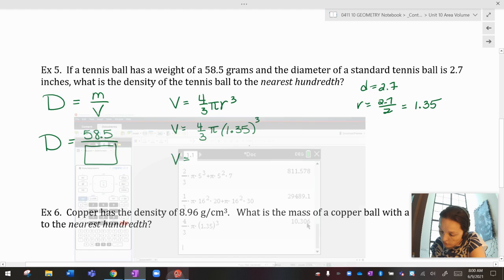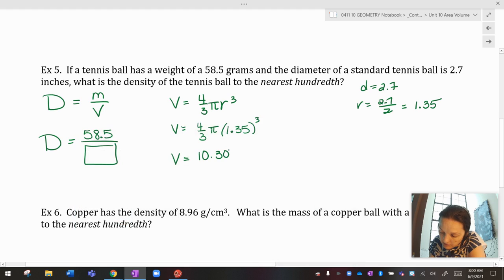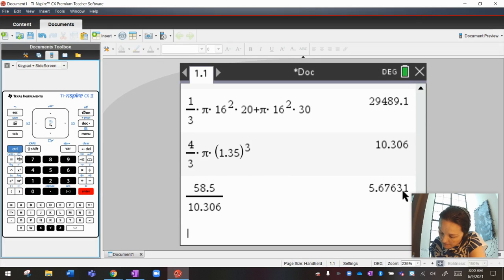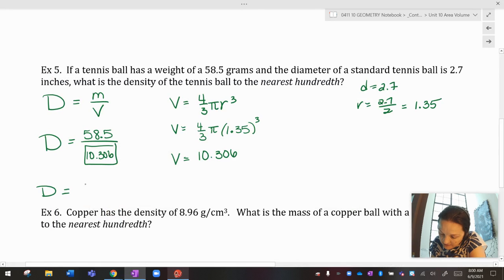And that's 10.306. That makes my density 58.5 divided by 10.306, which is 5.676. We want to round to the nearest hundredth, so that would be 5.68 grams per cubic inch. Now, normally we do density in grams per cubic centimeter, but this is given in inches, so this one is just grams per cubic inch.